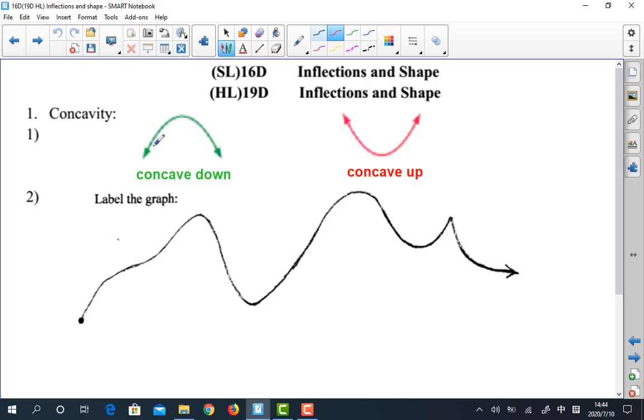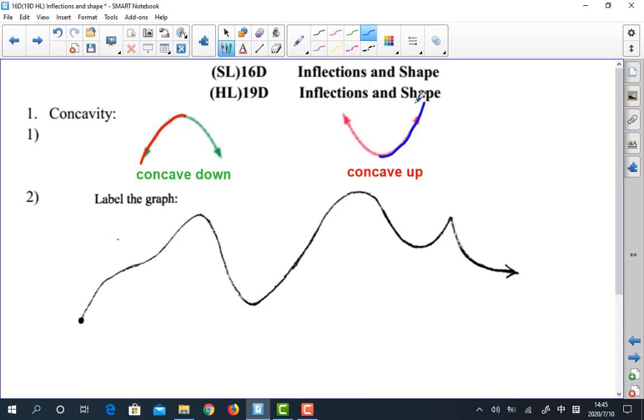Sometimes they only show a part of the concave down curve. Even if they only show you this much, you need to know this is called concave down. This is called concave up. Even though they only show you a part of the concave up, you still need to know this blue one is concave up.